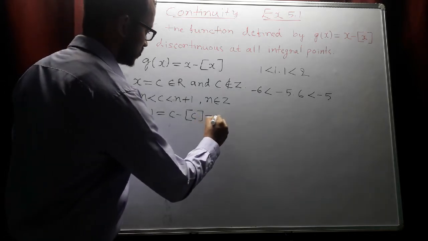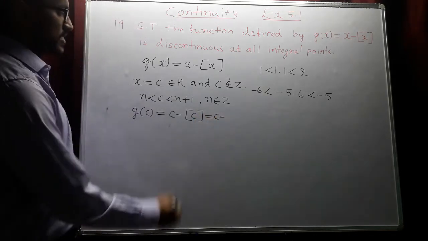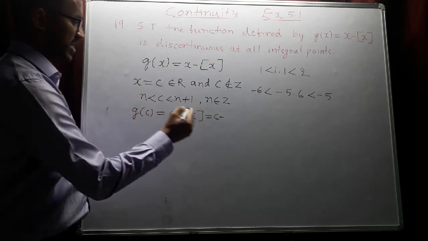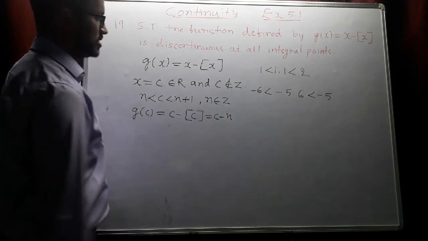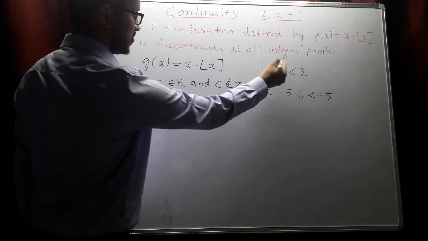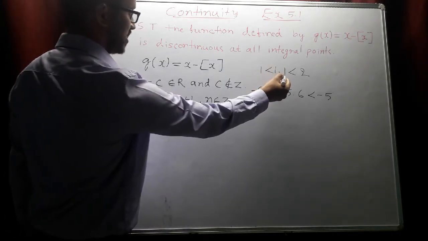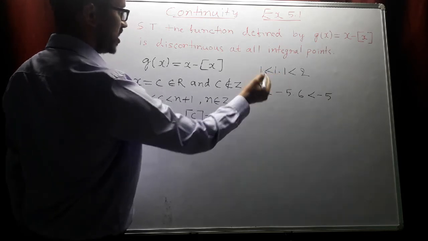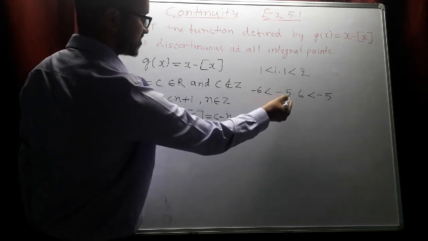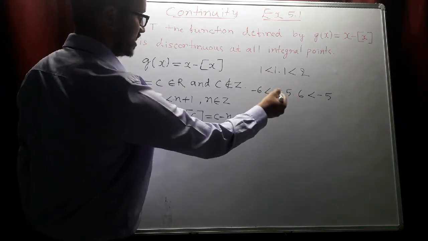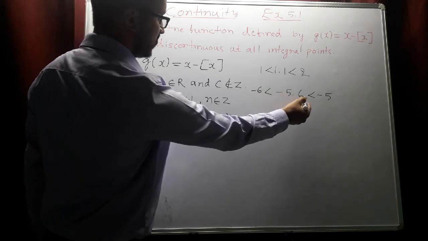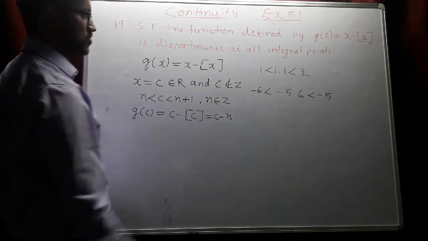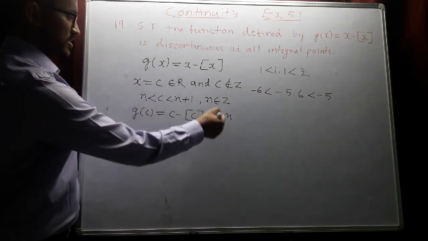So that is c minus n. See here an example. If you take c equals 1.1, the greatest integer less than or equal to 1.1 will be 1. Similarly, for minus 5.6, the greatest integer less than or equal to minus 5.6 will be minus 6. So we are taking this n.